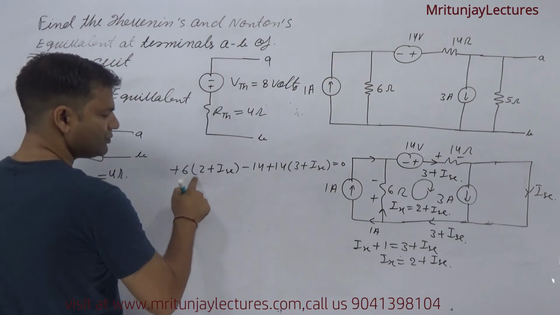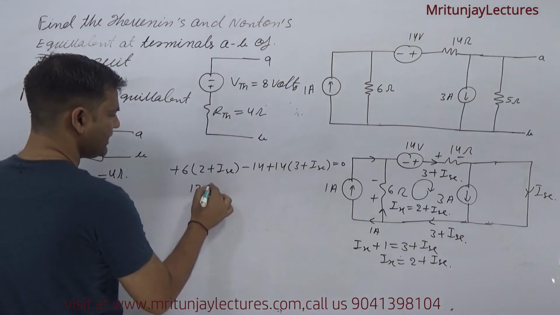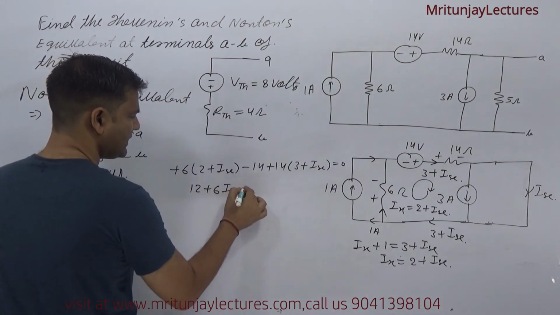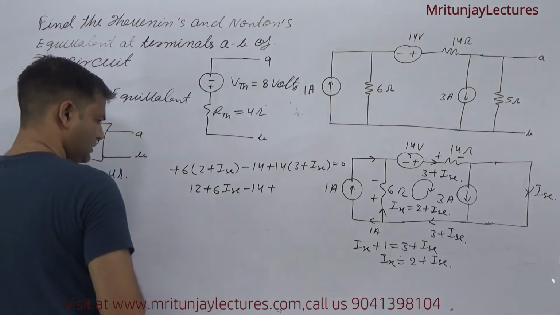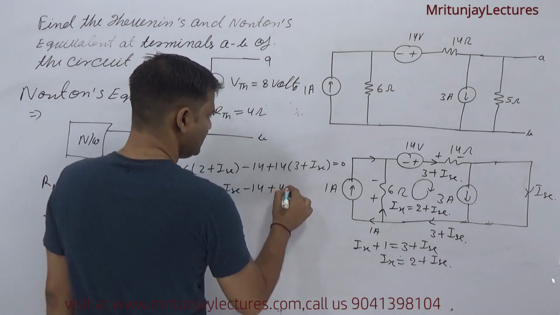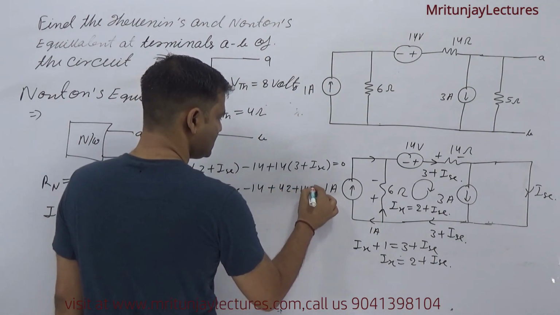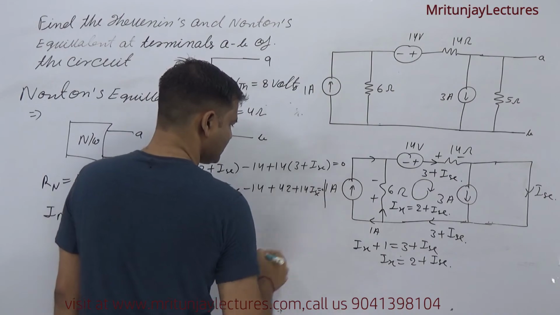Now 6 into 2 is 12, plus 6 ISC, minus 14, plus 14 into 3 is 42, plus 14 ISC, equal to 0.